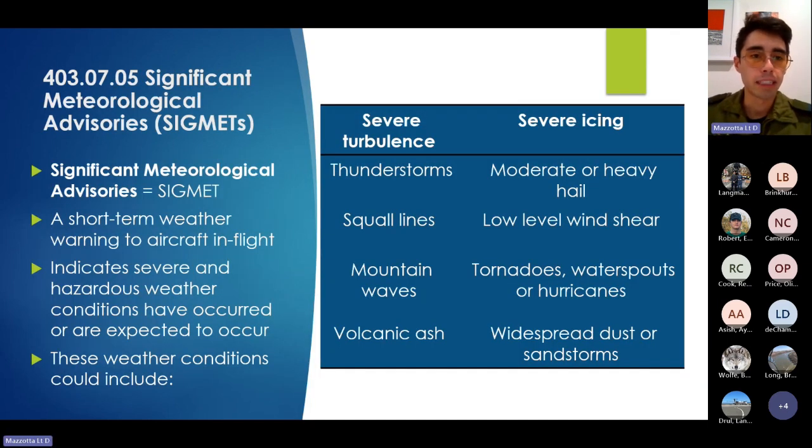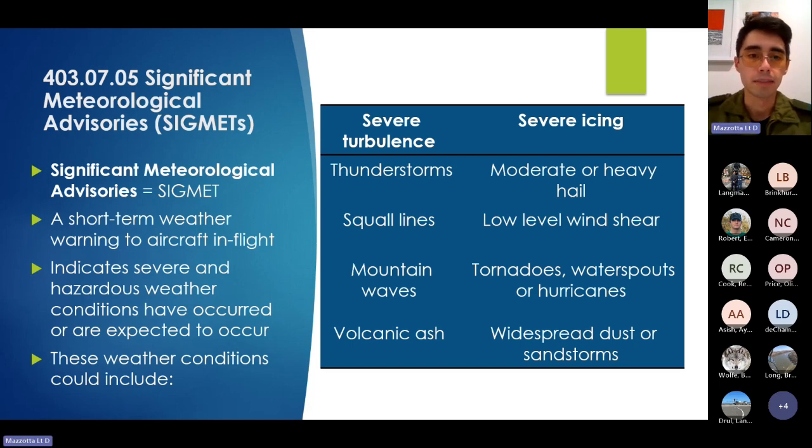Okay, I'm going to talk about significant meteorological advisories, or SIGMETs for short. These are short-term weather warnings to aircraft in flight, and they indicate severe weather and hazardous weather conditions that either have occurred or could be expected to occur.